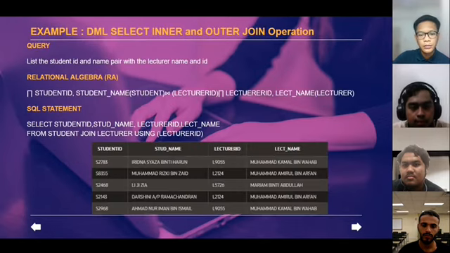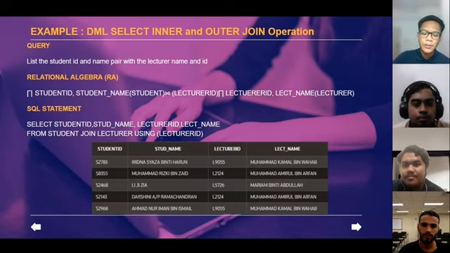Next is the example of DML select inner and outer join operation. The question asks to list the student ID and name paired with the lecturer name and ID. The SQL statement is select student ID, student name, lecturer ID, lecturer name from student table join lecturer using lecturer ID. We get the output like the table given.